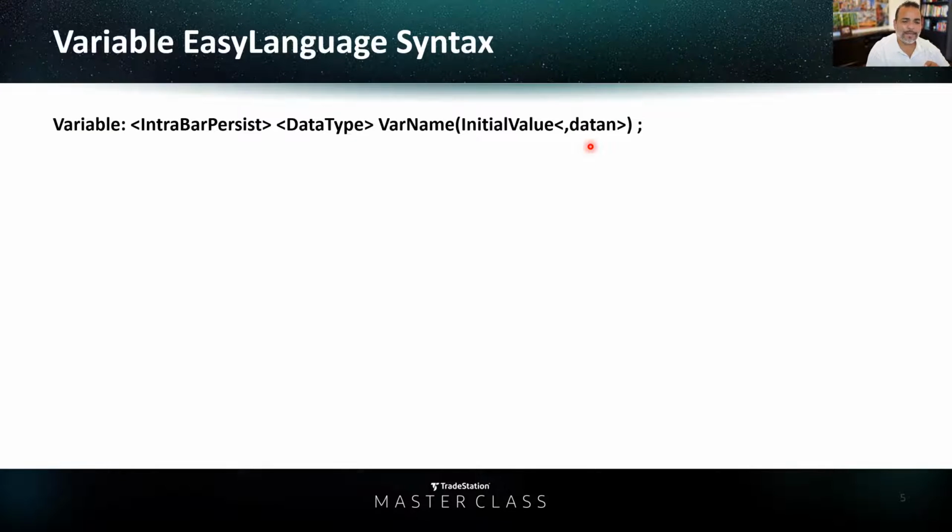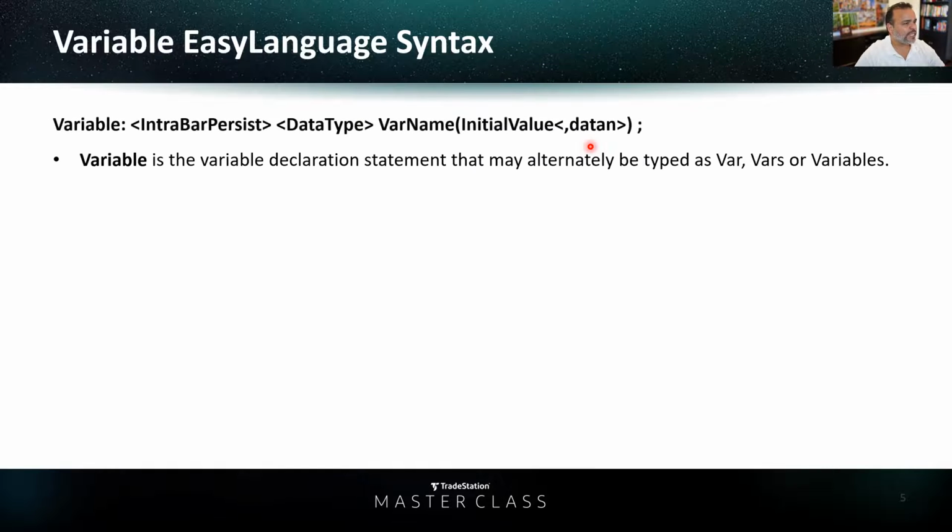I know that a lot of the code you see on the platform was probably written by John, and he's going to say it's better to type the variables, but if you don't, it's okay, because Easylanguage will identify what type of value is being stored. There are some instances, and in this class we're going to look at some code where it is required for you to type your variable.